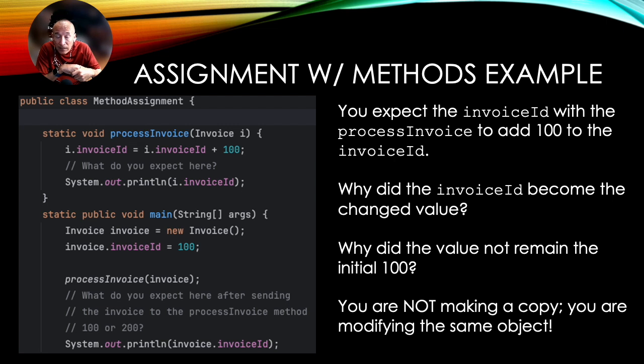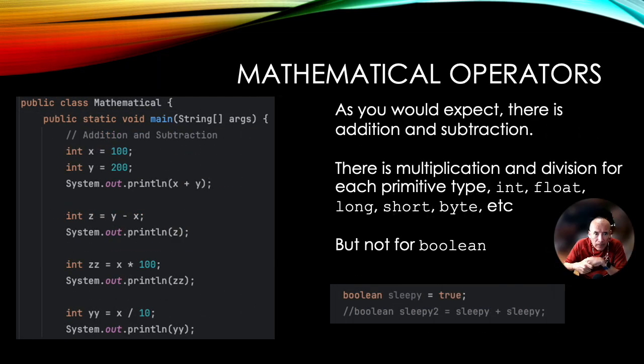So passing a reference of invoice to a method means when you change those field values inside that method, they remain changed. So you're not making a copy for one-time use inside of processInvoice. You are actually passing the invoice object for you to manipulate. So depending on what your history is with programming, that may be a surprise to you, but that's how it's done in Java.